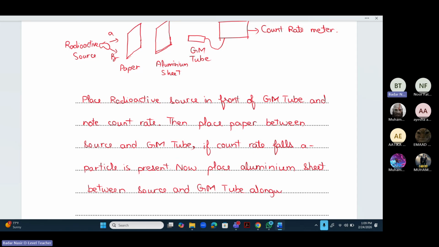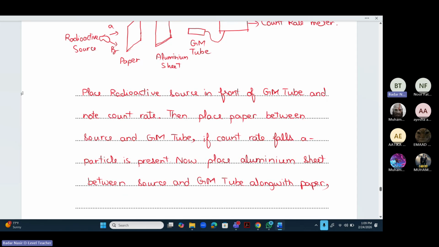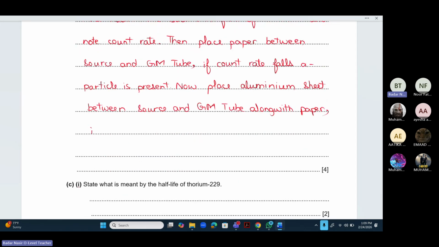So you have to leave the paper there. Along with paper, if count rate falls further, then beta particle is also present. If count rate falls again, it means beta particle is also present. Then they ask: state what is meant by the half-life.